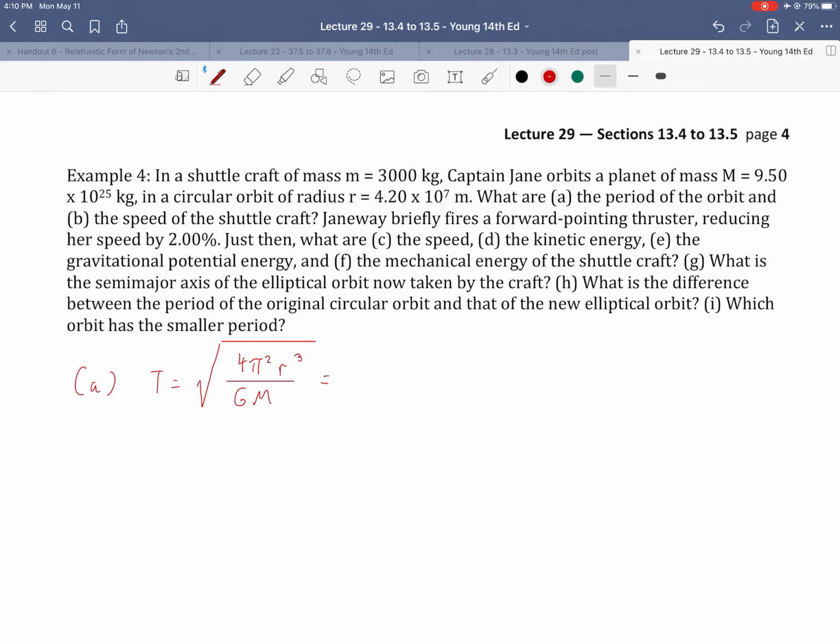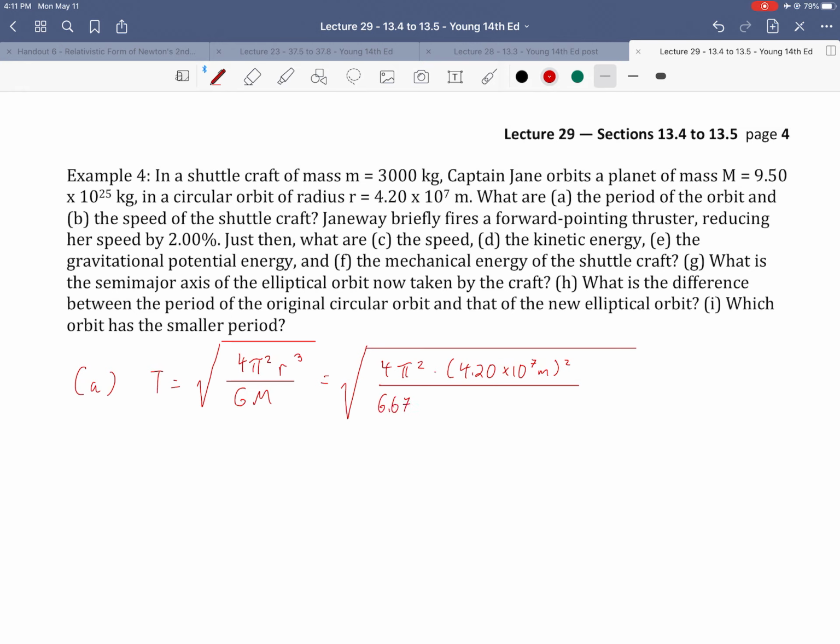And then that works out to be, plug in all the numbers. So 4 pi squared times our radius of 4.2 times 10 to the 7 meters, cubed. All right, there we go.